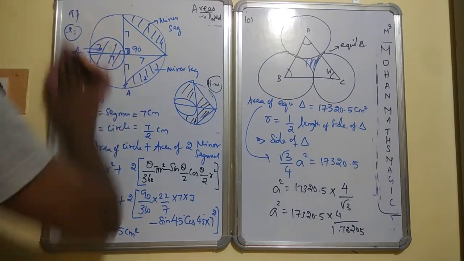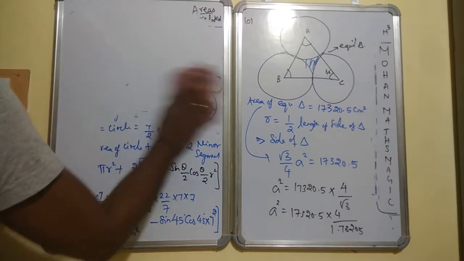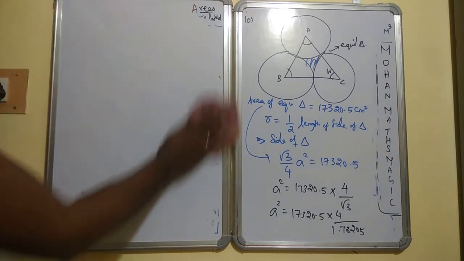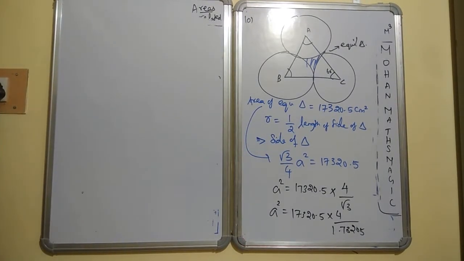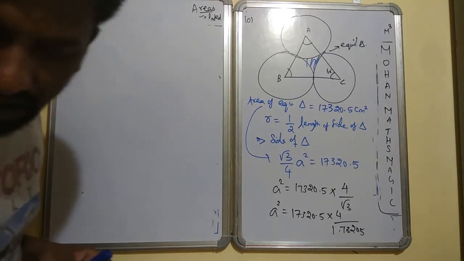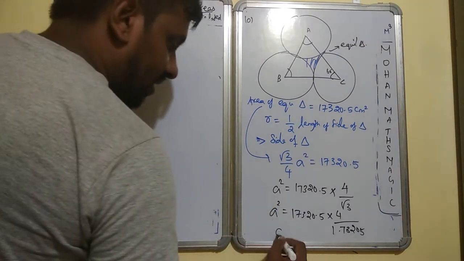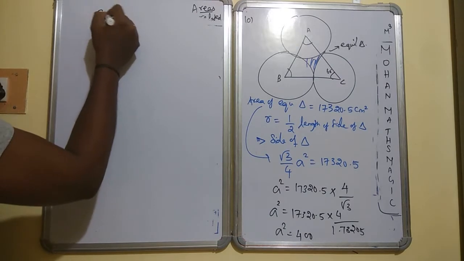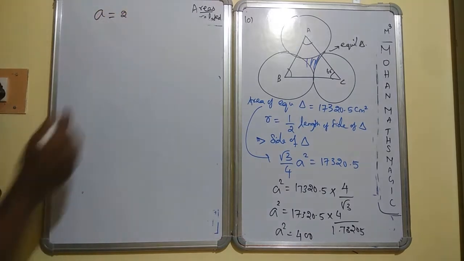Therefore, finally, I got a square equal to what? The a square value is 400.